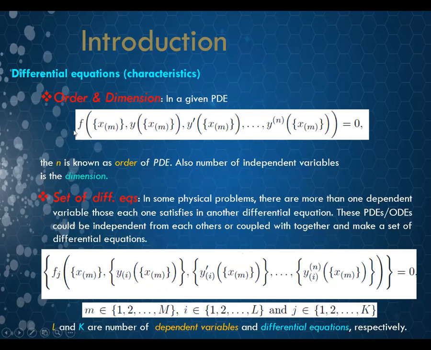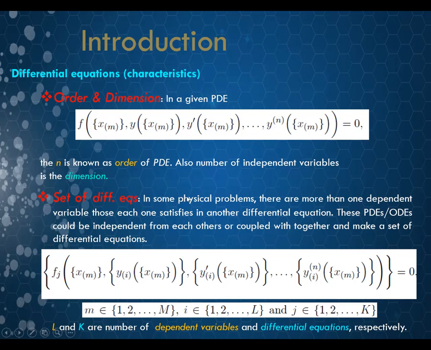The highest order of derivative that appears in the differential equation is known as the order of the PDE, and the number of independent variables is known as the dimension of the differential equation. Usually time is not counted in the dimension, and only spatial directions are taken into account.